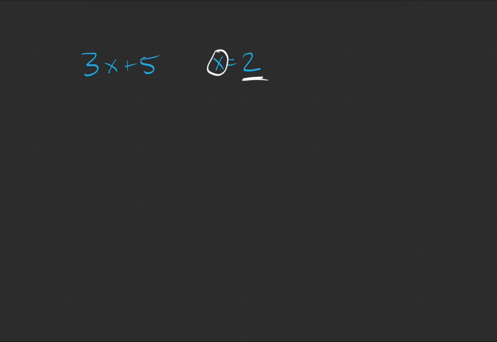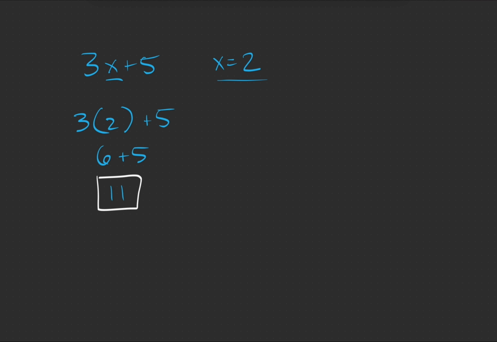So in our case, that's going to be plugging in 2. So we're going to do 3 times our value of x, in this case 2, plus 5. We simplify this mathematically, so we use 3 times 2, which is 6, plus 5, and it gives us 11. So our expression evaluated to be 11 with our given variable.